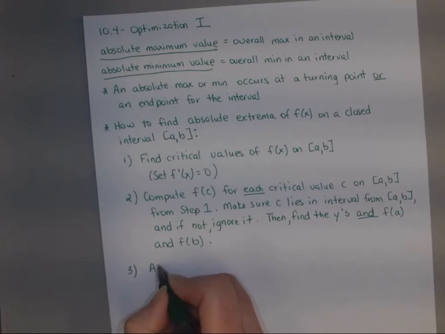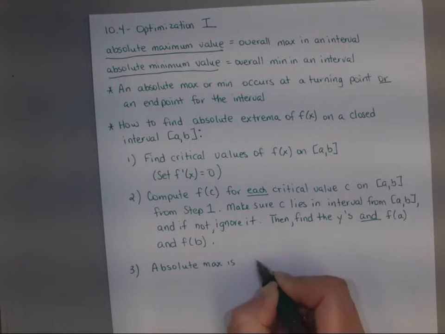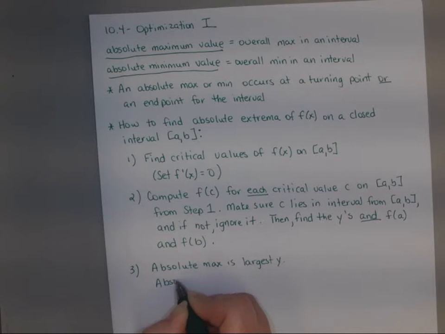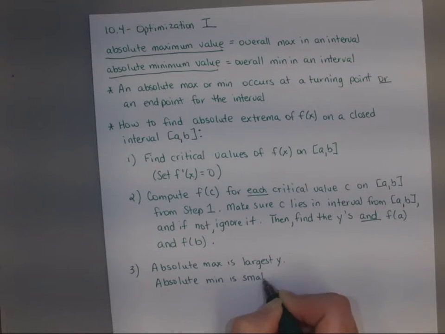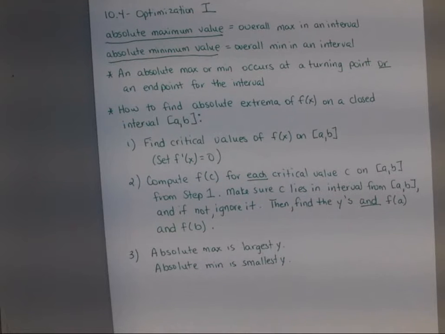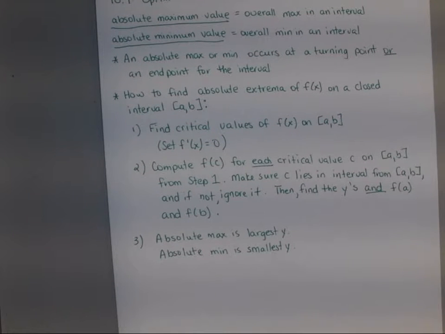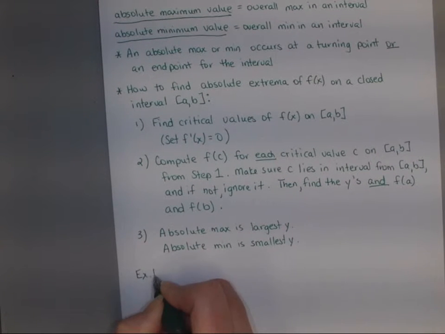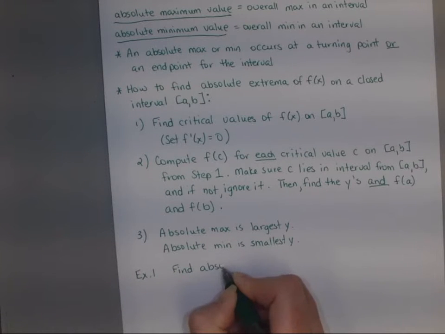Okay, and then the largest one is going to be the absolute max. And the absolute min is going to be the smallest. So all you're doing is kind of reducing it down to some options for possible absolute maxes and mins, and then in the end you're just going to find all of them and find the biggest and the smallest one.